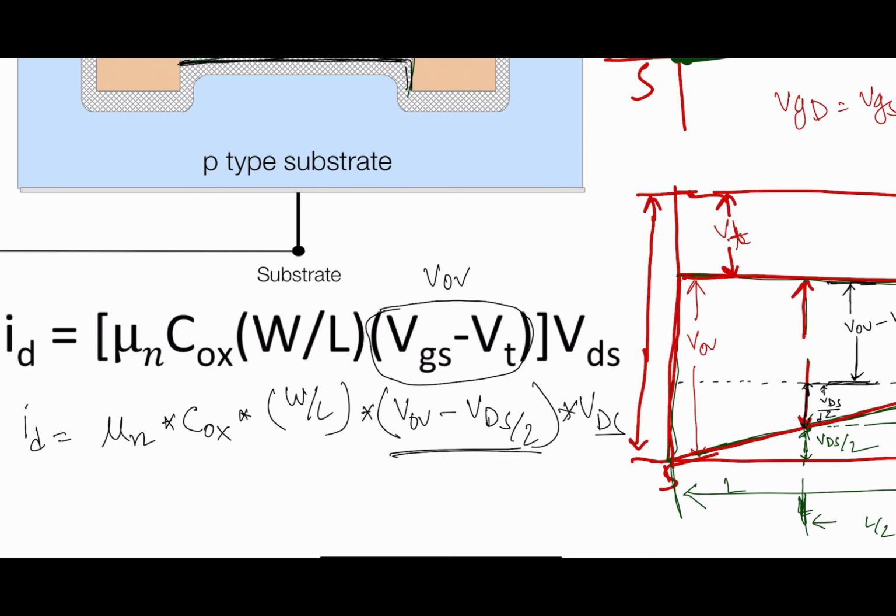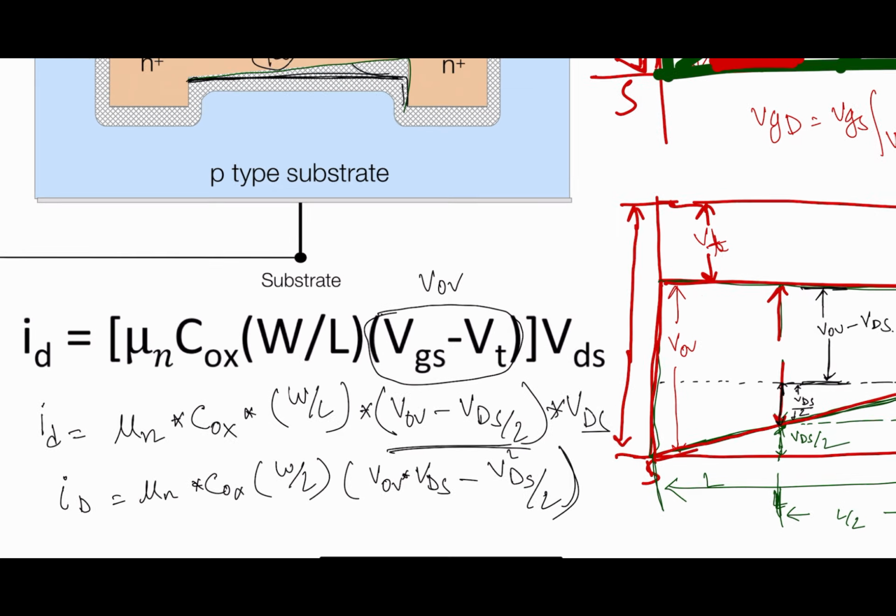So I can write down ID is equal to mu n COX W by L, VOV multiplied by VDS minus VDS by 2 whole square.